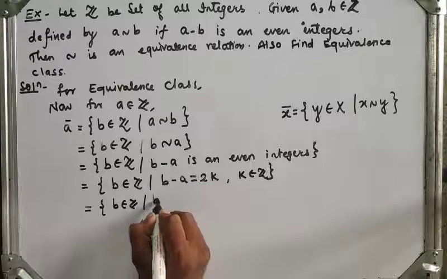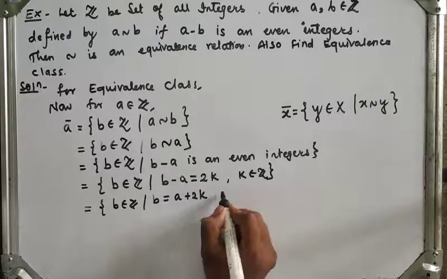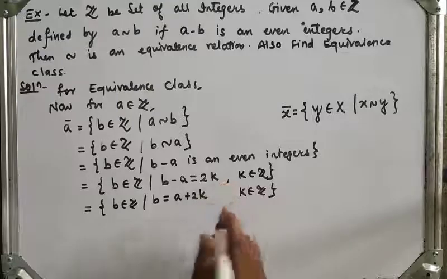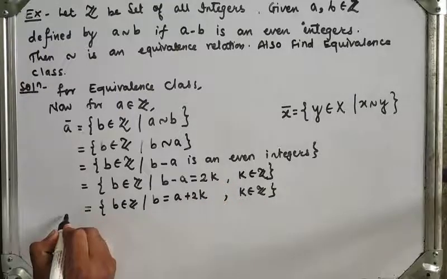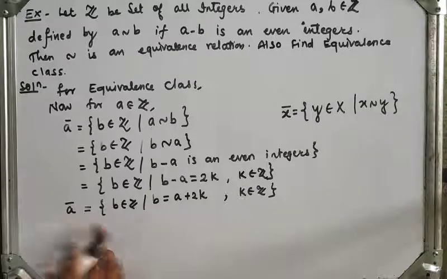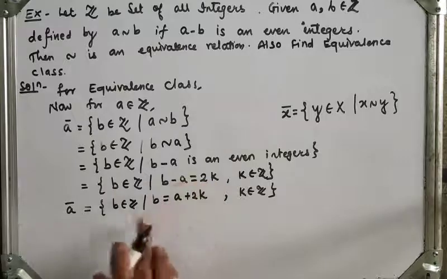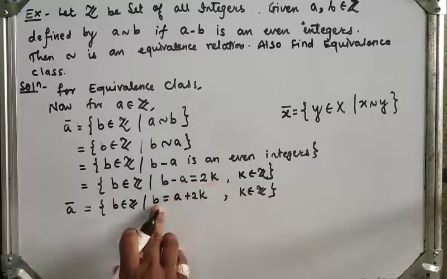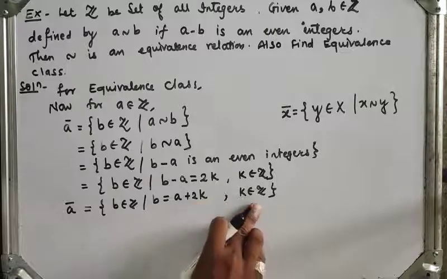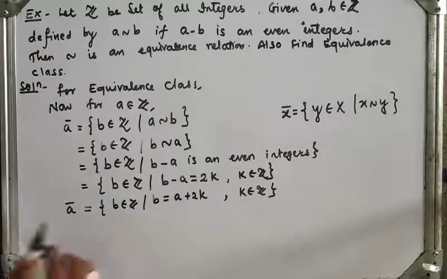So what will I get? b is equal to a plus 2k such that k belongs to the set of integers. So this is the equivalence class of a. Here, what are the elements in the set? b is equal to a plus 2k, where k belongs to the set of integers. So this is the equivalence class of a.